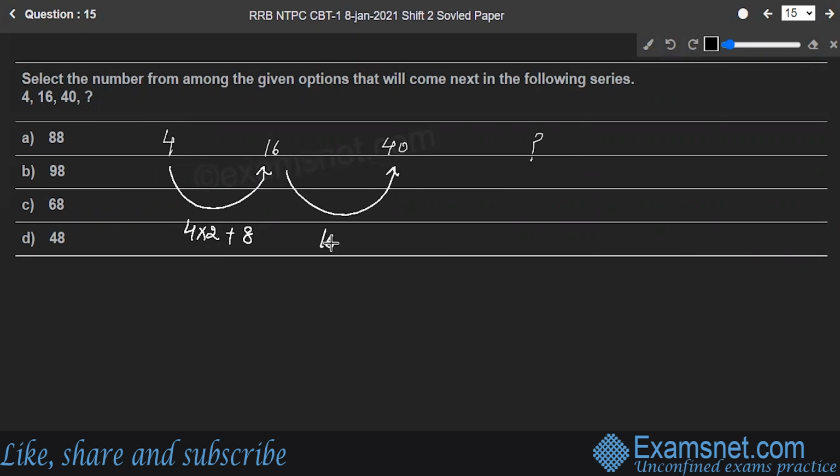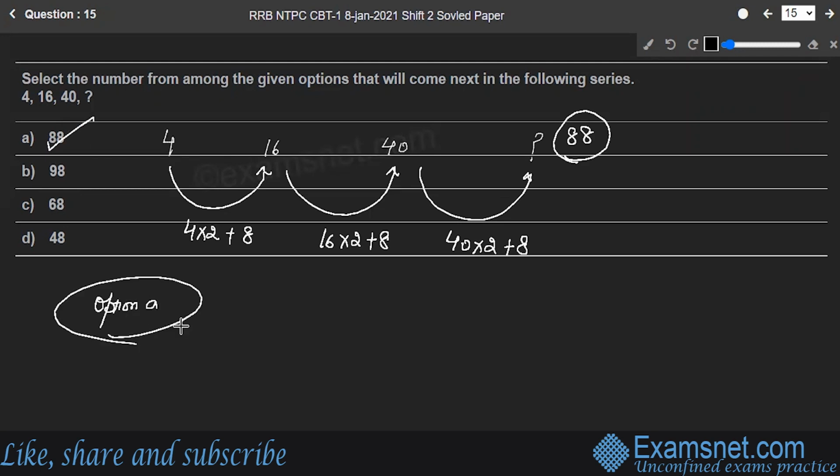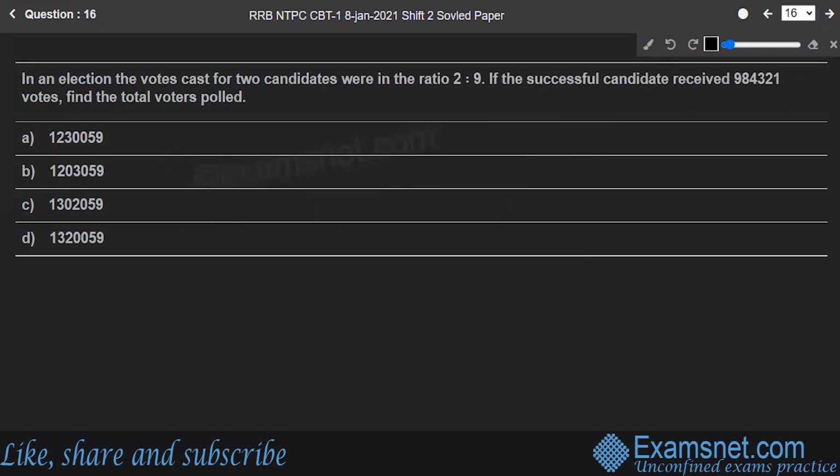Then 16 multiplied by 2 is 32, plus 8 is 40. Next, 40 multiplied by 2 plus 8 gives me 88. So 88 will come at the place of the question mark. Option A is the correct answer. Hope you got that. Next is question number 16.